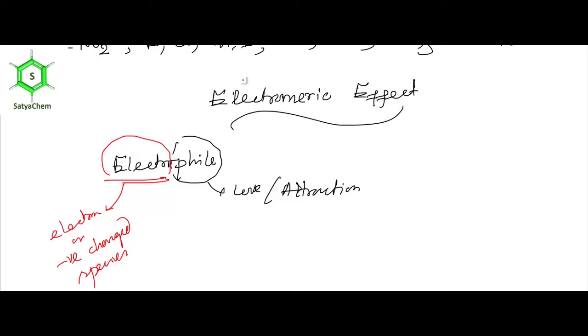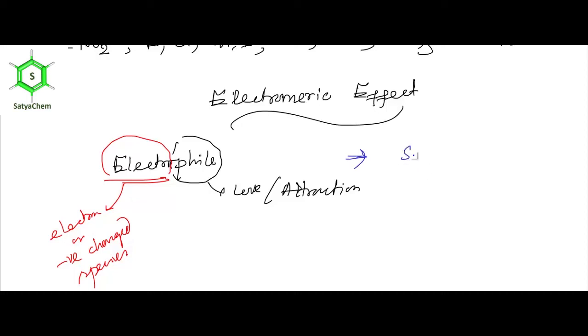So we'll call such species electrophiles. Those are attracted towards negatively charged species.